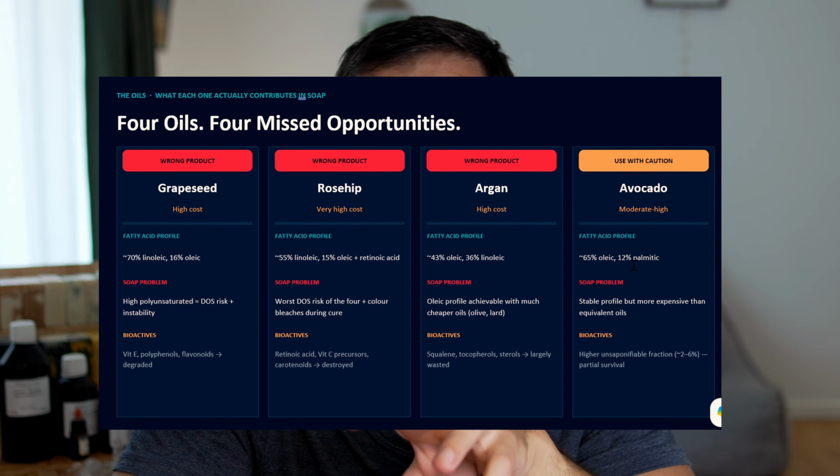This is a bit better when it comes to linoleic acid, so it's lower in linoleic acid, so it's a safe oil to use in terms of rancidity and oxidation. It also gives a nice green tincture into soap, so it adds a bit of color to your soap. That's the only reason why I would recommend people using it perhaps in a maximum 5 to 10% concentration, but not more. But it's also slightly more expensive than traditional oils like olive oil.